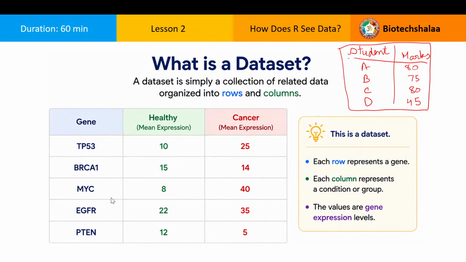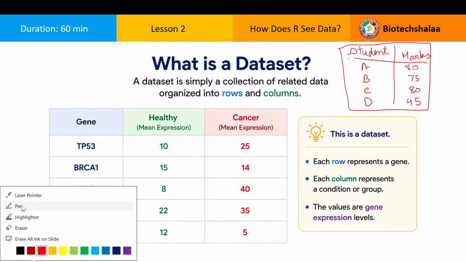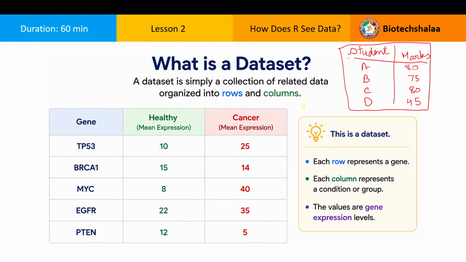So here I have one question for you. Just see this table. Imagine that I am giving you this table. Now you tell me, what do you think this row here represents? Let me highlight this row. I am talking about this row.